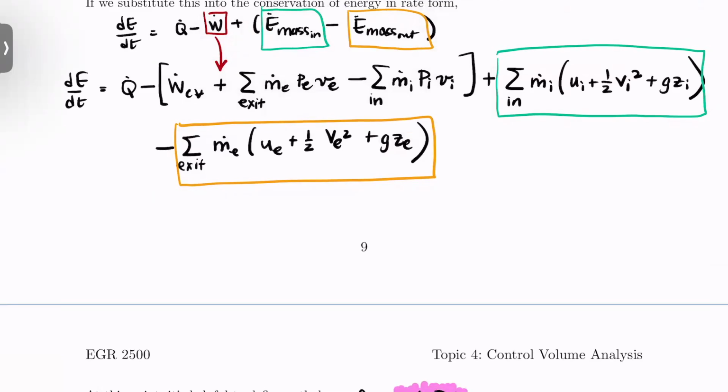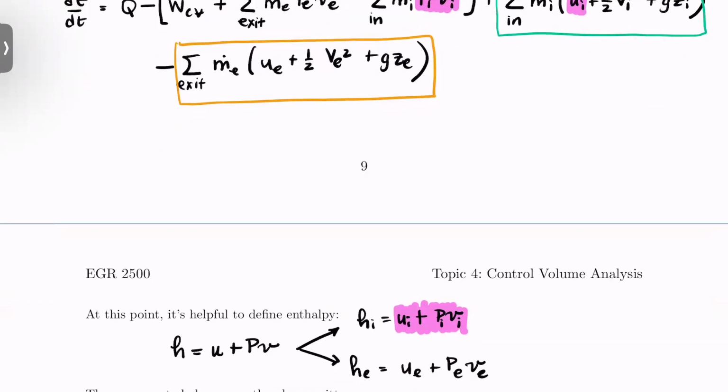So we have UI that we need, and then a PIVI, which is right here. Keep in mind that for the PIVI, we have a minus sign times a minus sign, so it's still a positive sign. So we still have UI plus PIVI, all right? This is going to combine to give us enthalpy for the inlet.